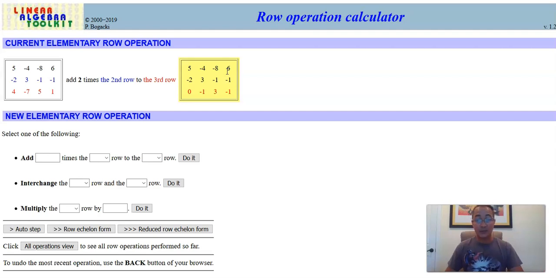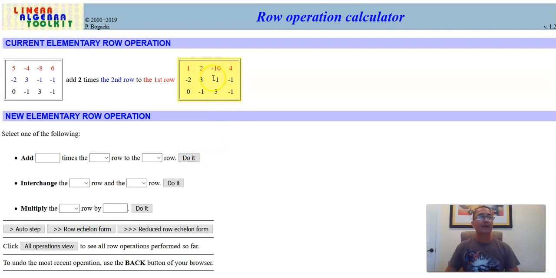Now granted, the computer is doing all the work for us, but why should we look at ugly fractions, right? So let's add 2 times the second row to the first row. Okay, so we have now that 1.